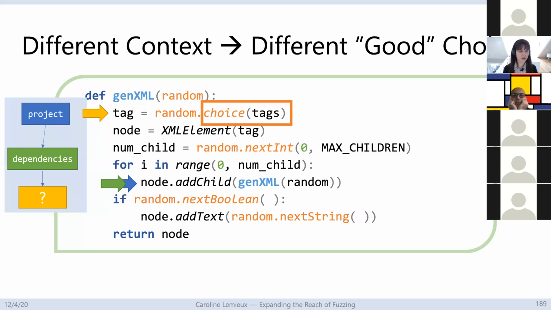And if you're the child of another child, then there's another subset of tags that are relevant. So in order to solve this problem, we're going to have to come up with some notion of context. And here I've illustrated the context as the XML DOM tree we're generating so far. But we wanted to come up with a notion of context that was a bit more general.